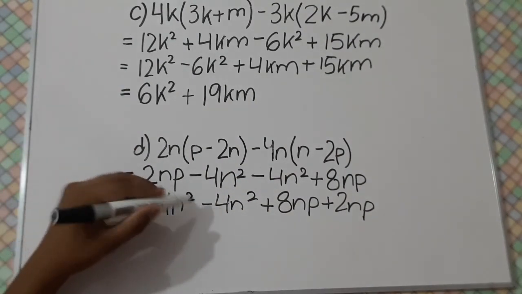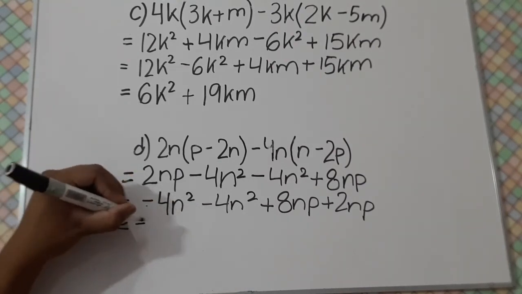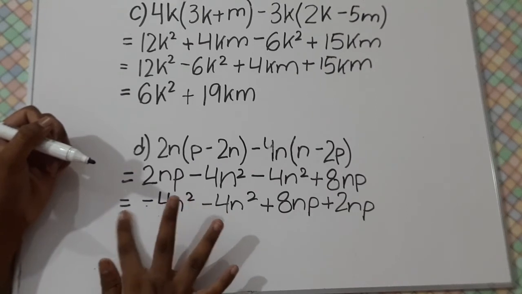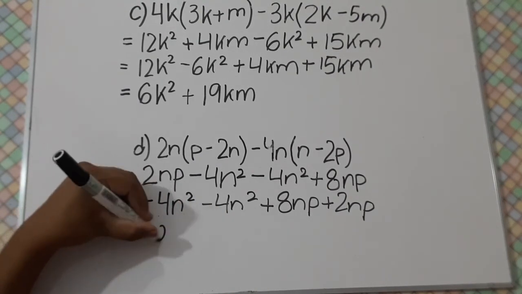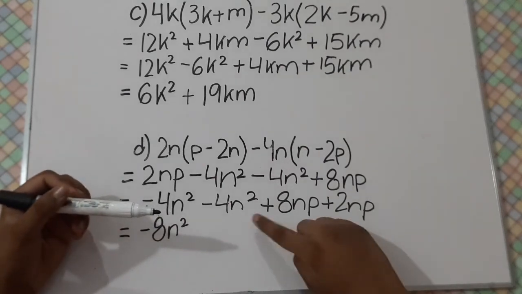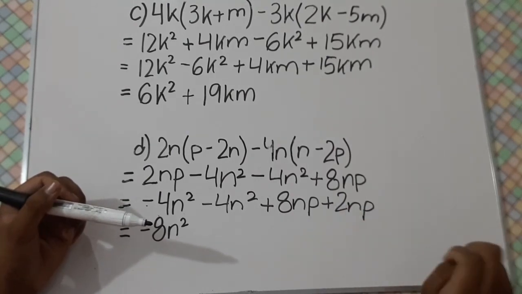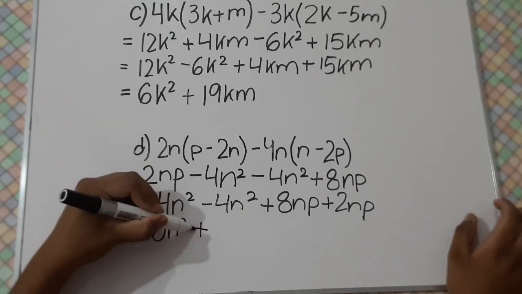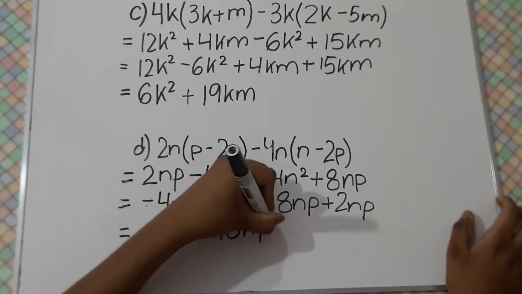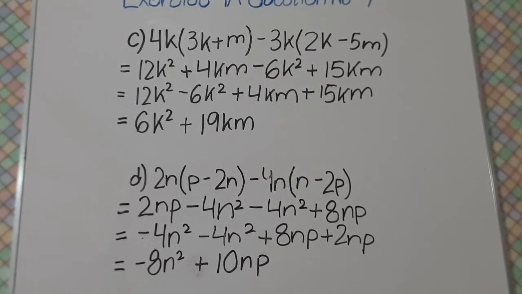Now minus 4 minus 4 is 8, and since the 4 is negative, negative 8n squared. Then 8np plus 2np, 8 plus 2 is simply 10, so plus 10np.